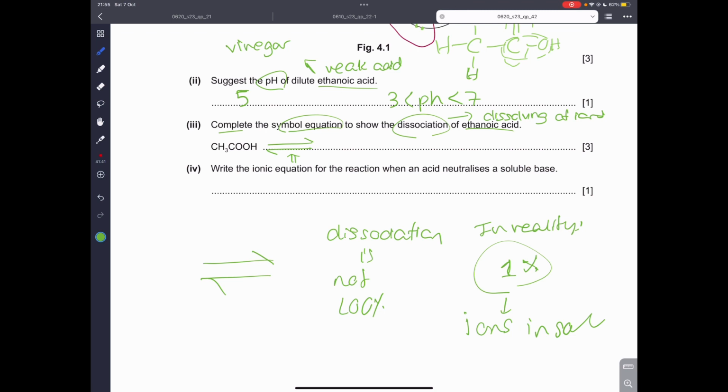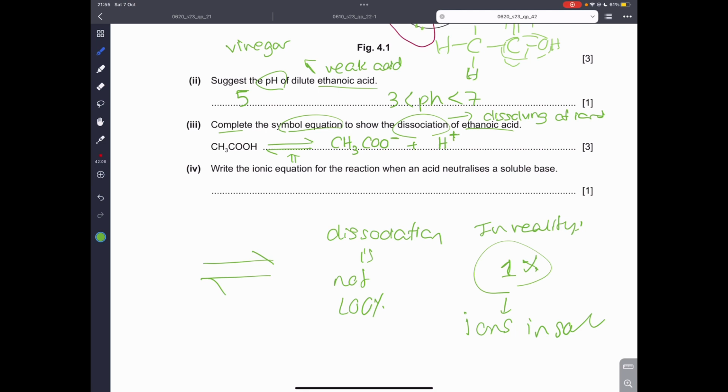So CH3COOH is going to give us a negative ion and a positive ion. So it's going to be CH3COO minus, which is an ethanoate ion, and H plus, the hydrogen ion. So it's going to give us both of these. Make sure the charges are correct.